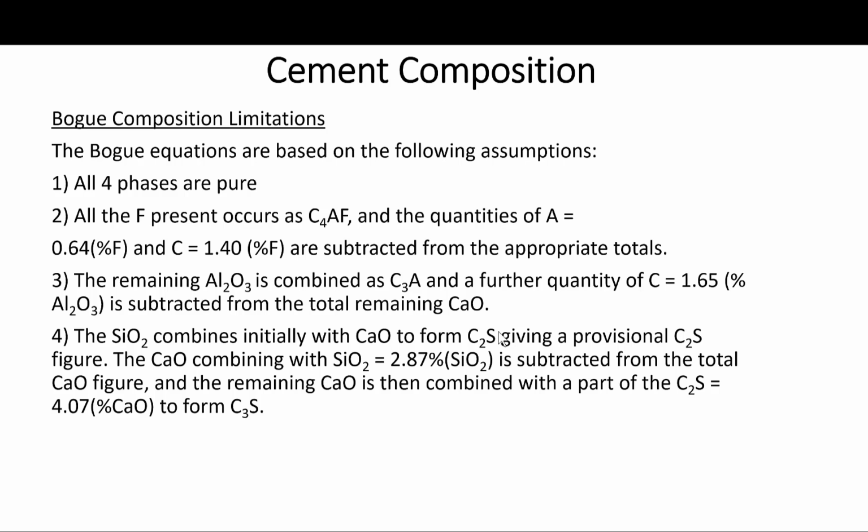Then again, the silicon dioxide combines initially with calcium oxide to form C₂S, given a provisional figure. The calcium oxide combining with the silicon dioxide, equal to 2.87 times the SiO2, is subtracted from the total calcium oxide figure, and the remaining calcium oxide is then combined with part of the C₂S, equal to 4.07 times the CaO, to form C₃S.